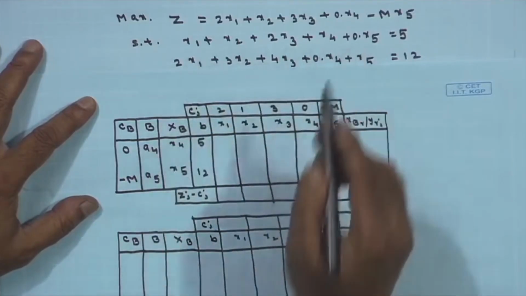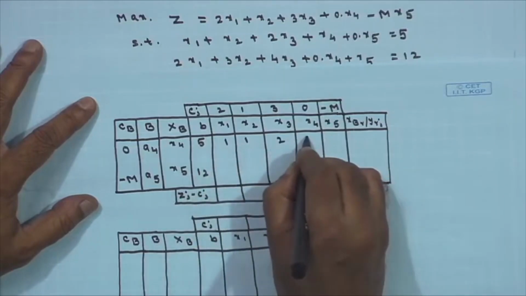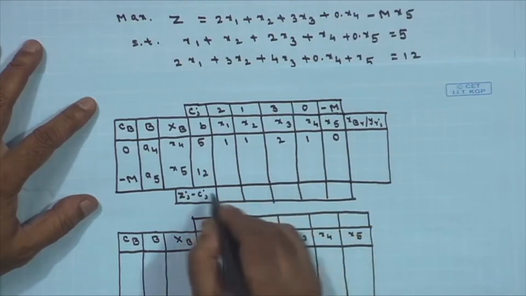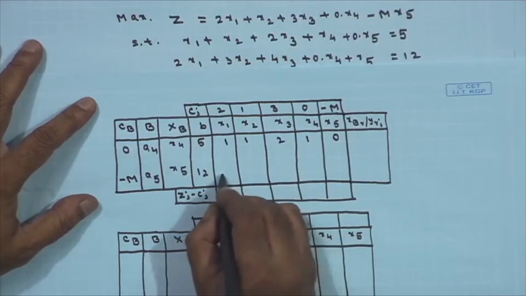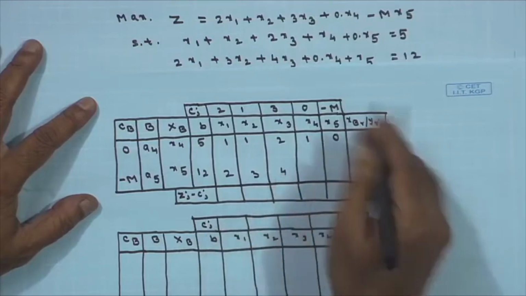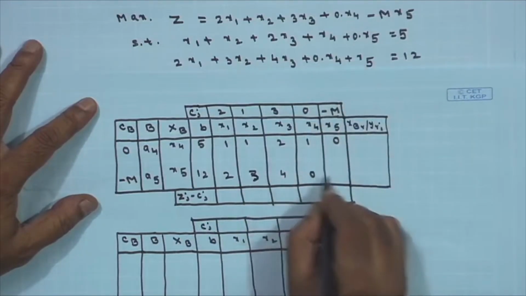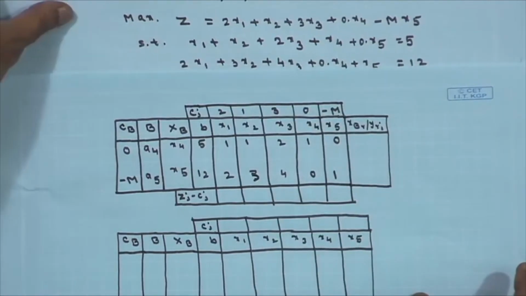Now, write down these two constraint rows, that is 1, 1, 2, 1, 0. Next one will be 2, 3, 4, 0 and 1. So, you are writing this. That is fine.